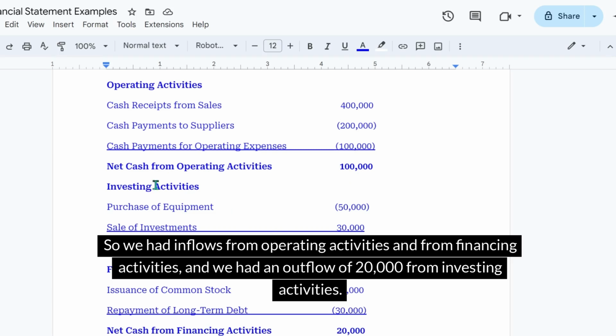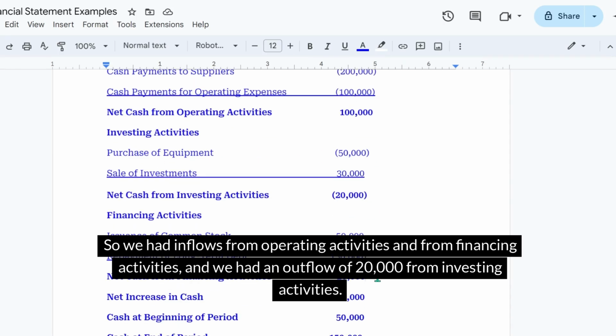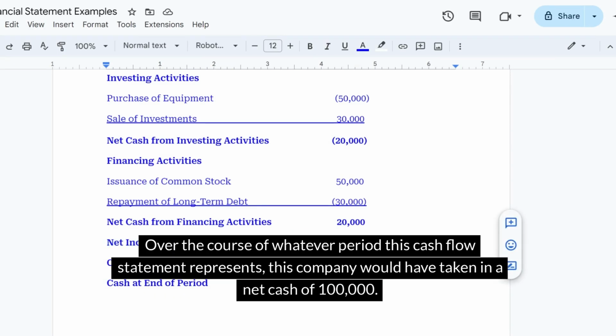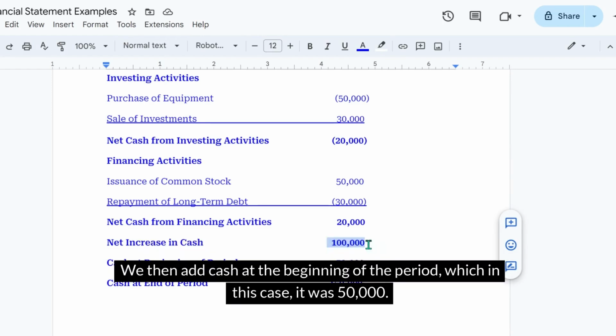So we had inflows from operating activities and from financing activities, and we had an outflow of $20,000 from investing activities. That leaves us with a net increase in cash of $100,000. Over the course of whatever period this cash flow statement represents, this company would have taken in a net cash of $100,000. We then add cash at the beginning of the period, which in this case was $50,000.